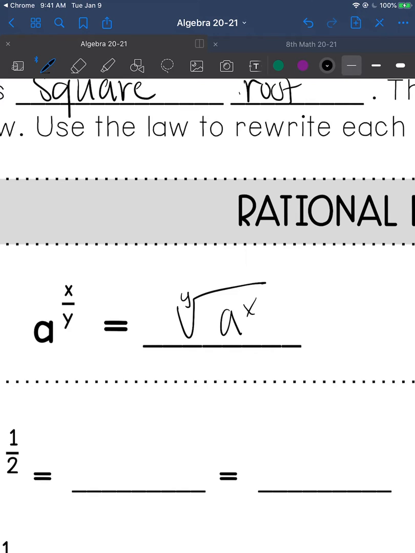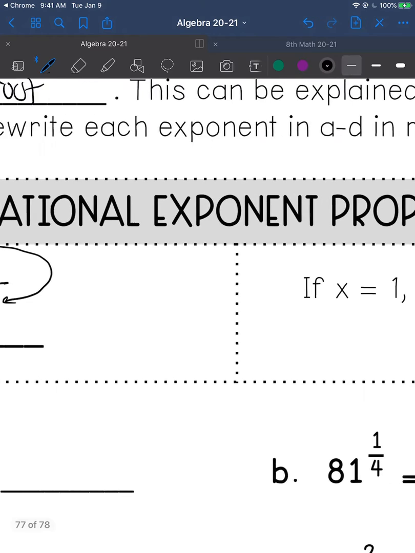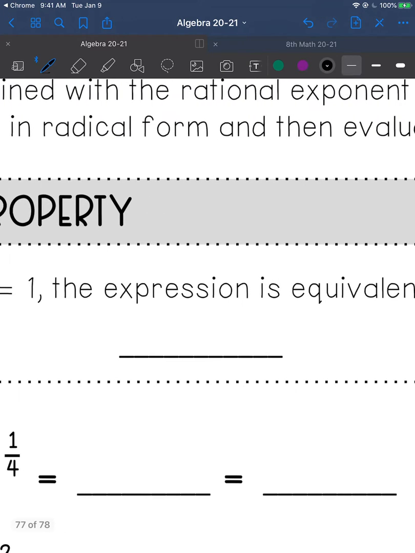We take the bottom number, and that's what our root is. If it's a 2, then it's a square root. If it's a 3, then it's a cube root, and so on. And our top number in the fraction stays as the exponent on a. So if x equals 1, then the expression is equivalent to the y root of a.